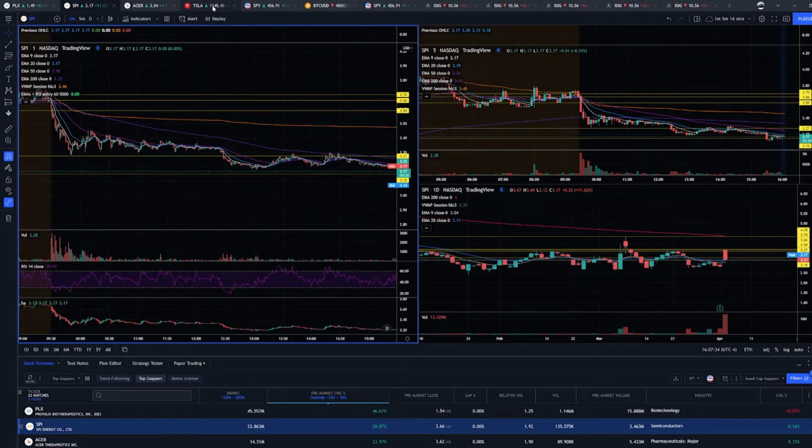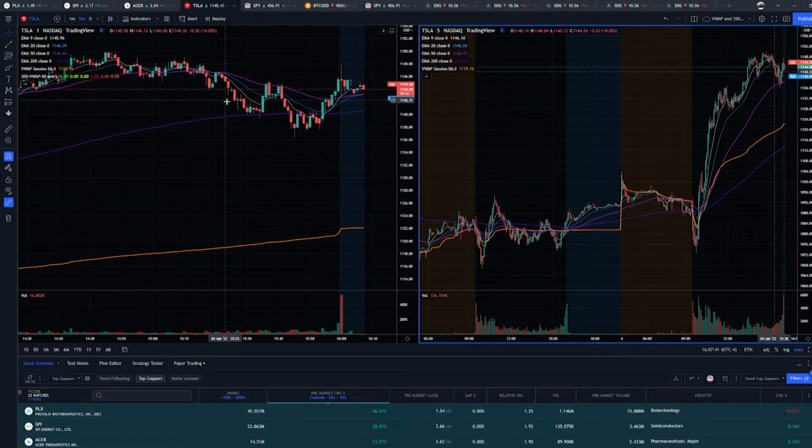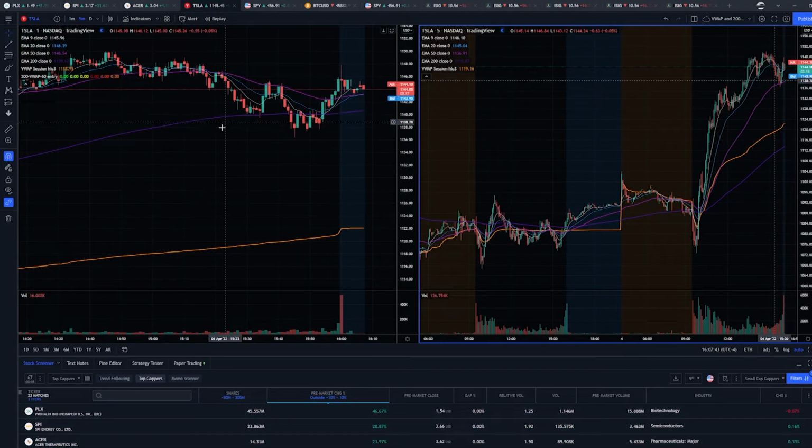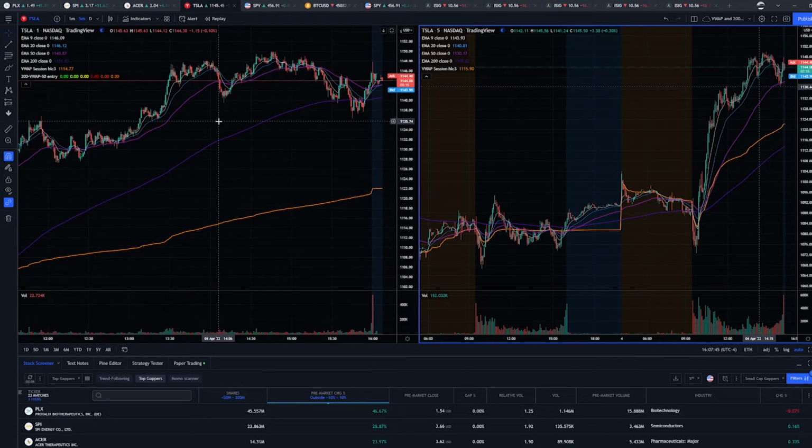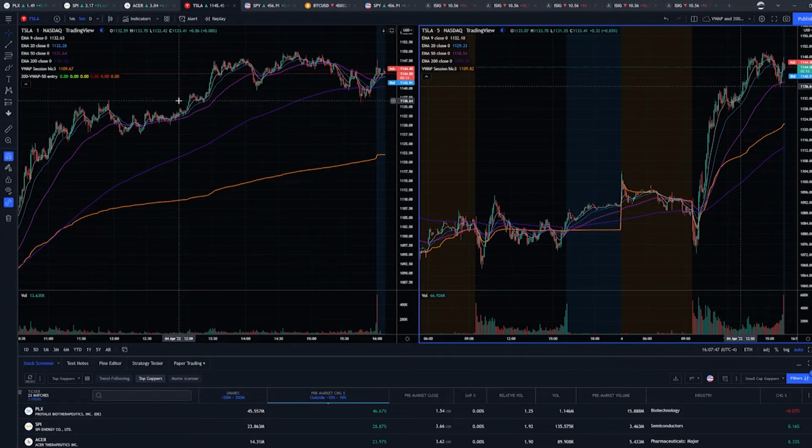This is not valid only for smaller price stocks. It can also be valid for higher price stocks, higher floats, higher caps.